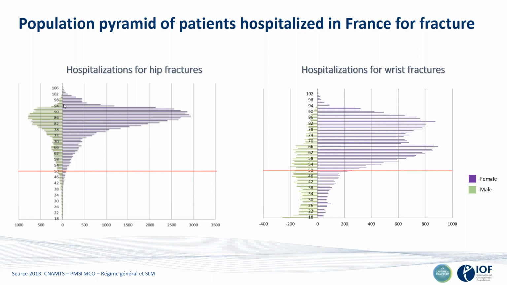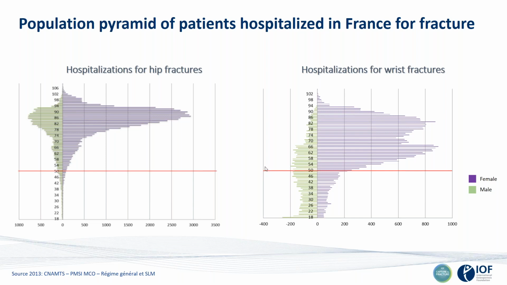For hip, you can see that most hip fractures occur after the age of 70 to 75, and it is still a largely female problem, with 3/4 of the fractures occurring in women.